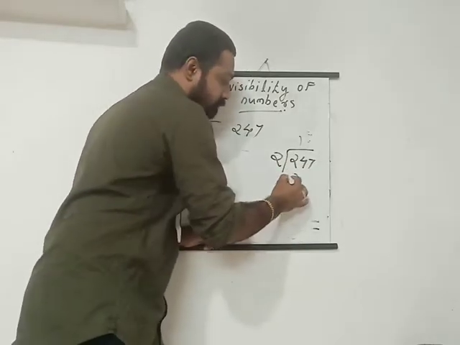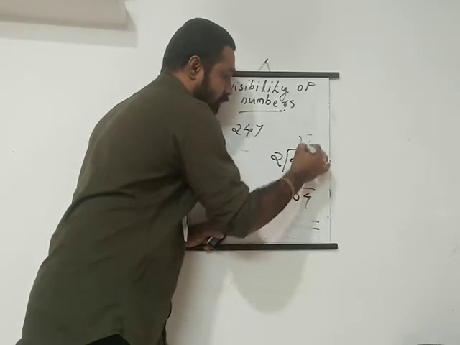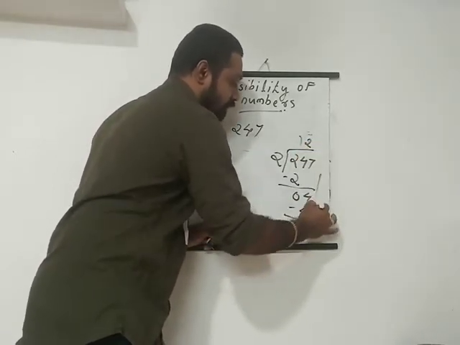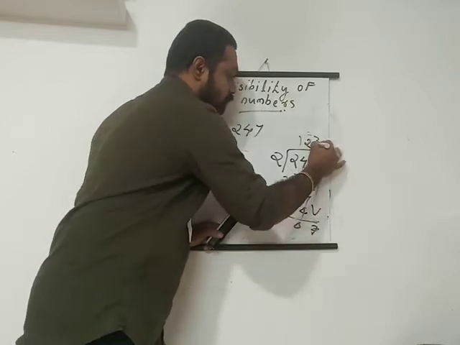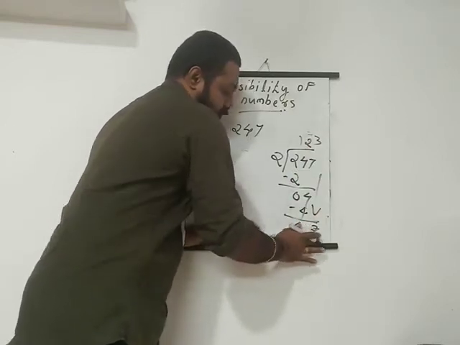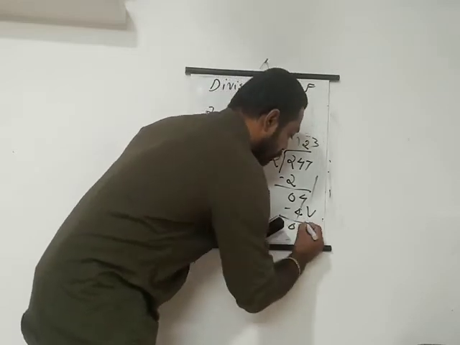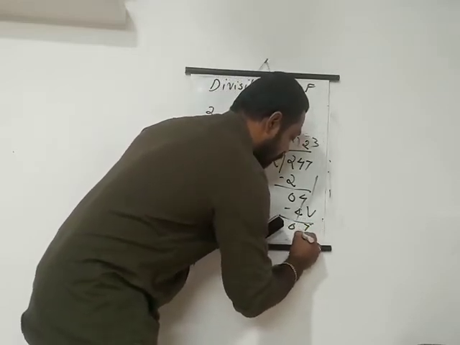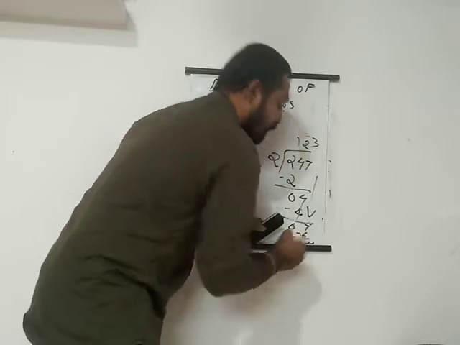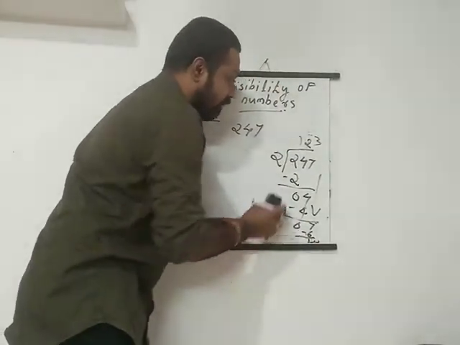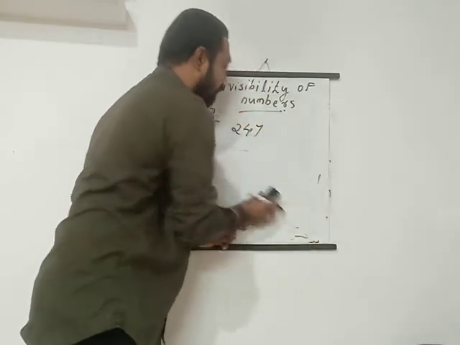Then 2 2s are 4, I am writing it. Then 7 comes down. You can see that 3 2s are 6. 7 minus 6, what will we get? 1. That means we are getting a remainder 1 here. So this number is not divisible by 2.